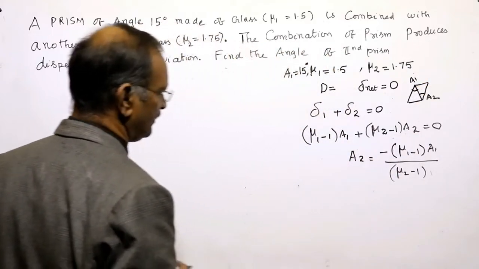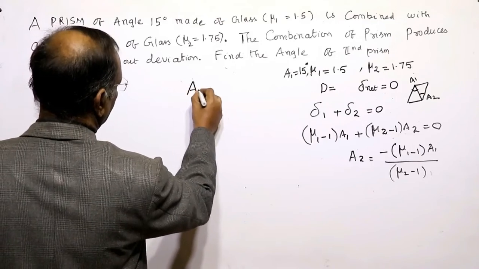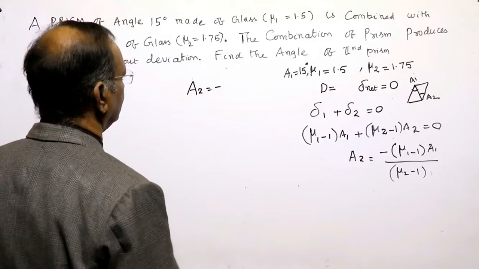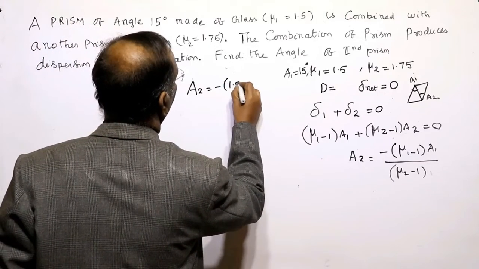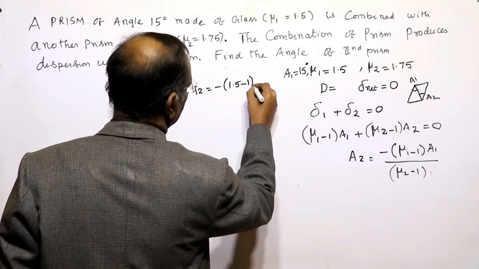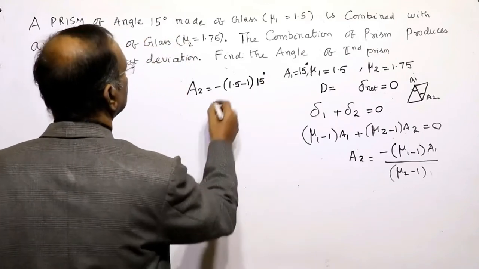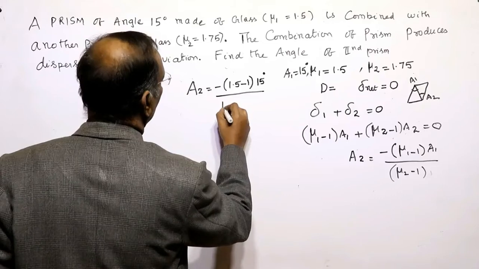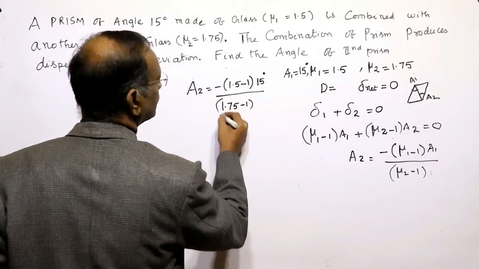Substituting values, A2 is equal to minus (refractive index of the first one, 1.5, minus 1) into A1, where A1 is 15 degrees, divided by (second one, 1.75 minus 1).